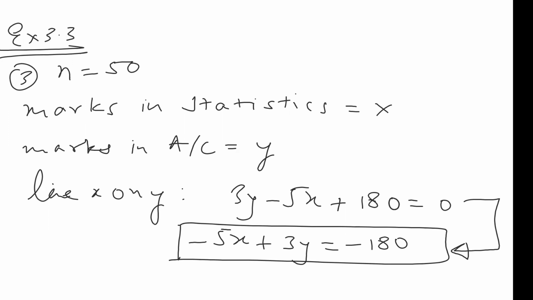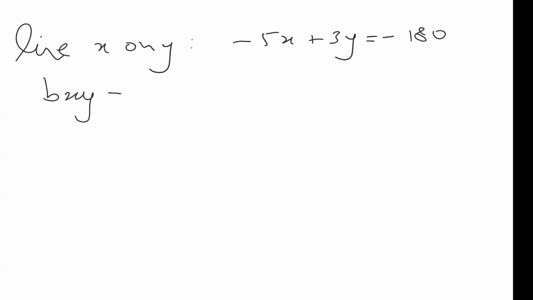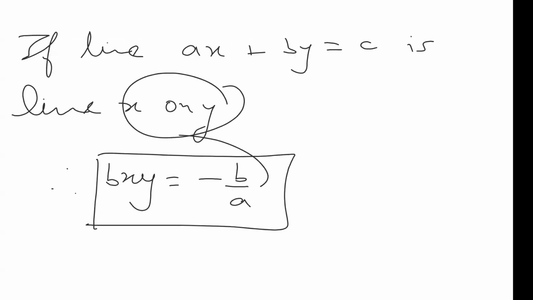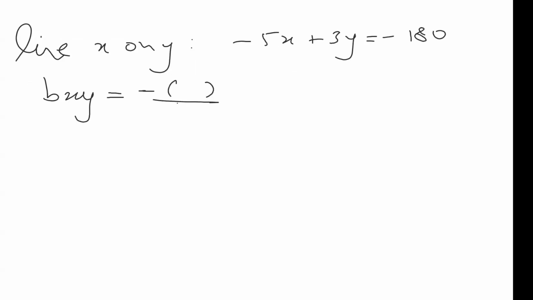Now, mean marks in accountancy. Prior to that, I'll just rewrite the line over here. Line x on y is minus 5x plus 3y is equal to minus 180. Right? So bxy, I've given you the note. If a line is x on y, bxy is minus b upon a, where b is the coefficient of y.